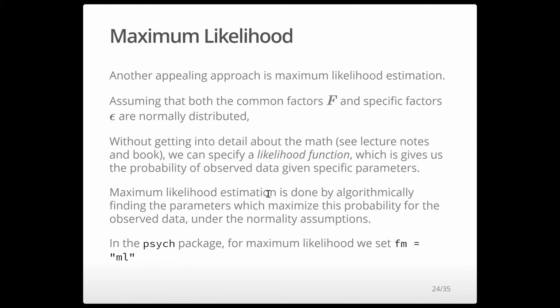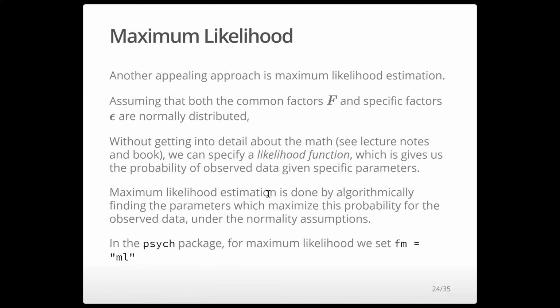Without getting into too much detail about the math, which will be covered to some extent in your book and probably in your lecture notes, we can specify a likelihood function, which gives us the probability of the observed data given specific parameters. Essentially, maximum likelihood scans across the different parameter values to figure out which ones maximize this likelihood, which ones produce the highest probability of the data given those parameters.